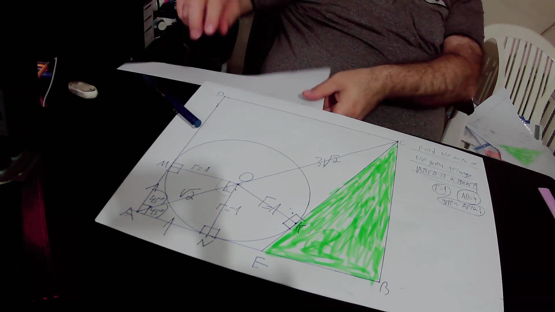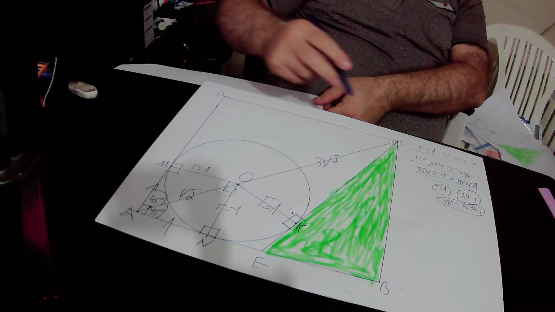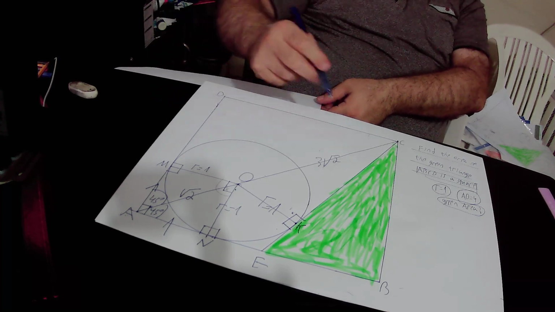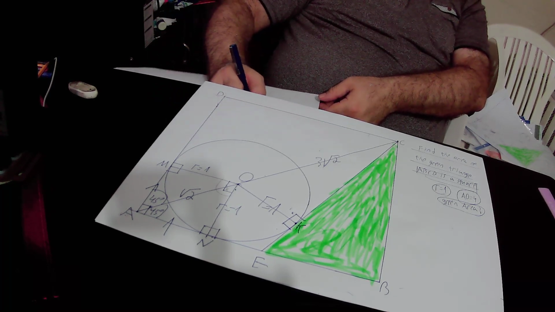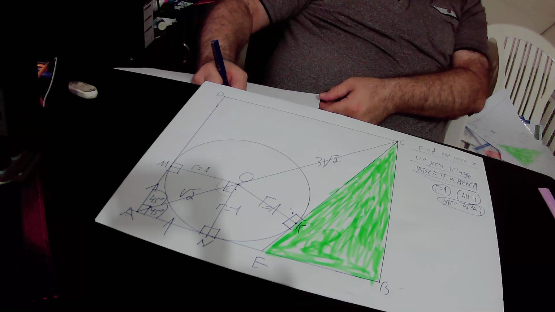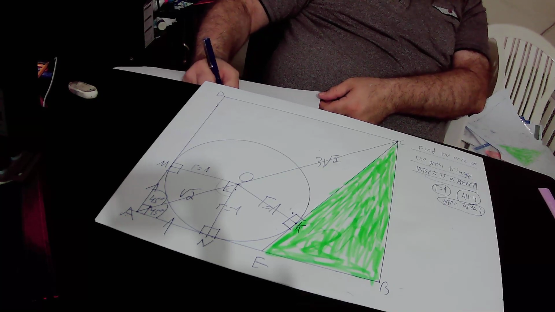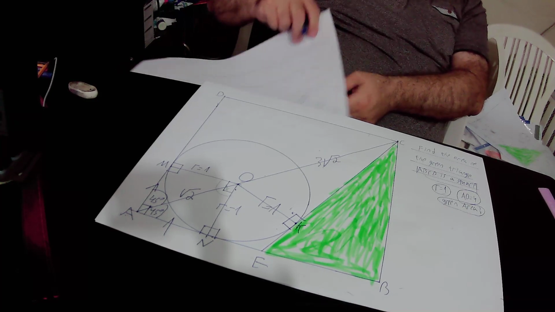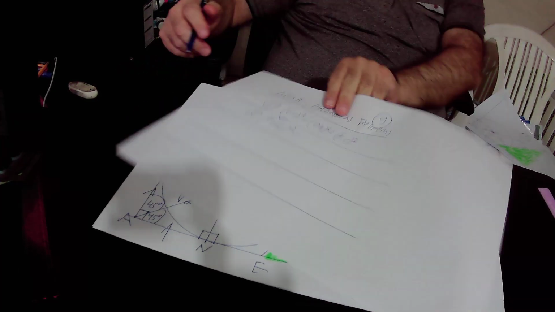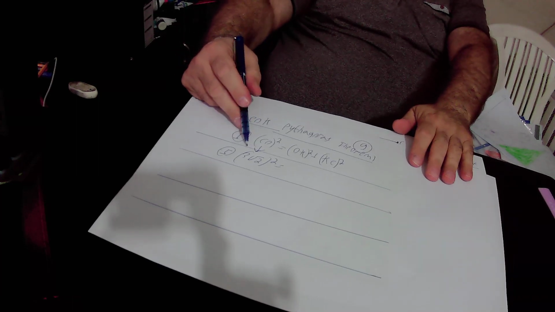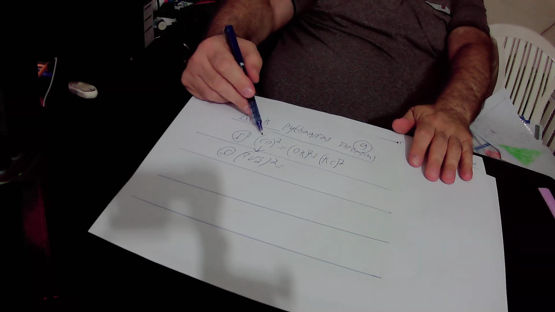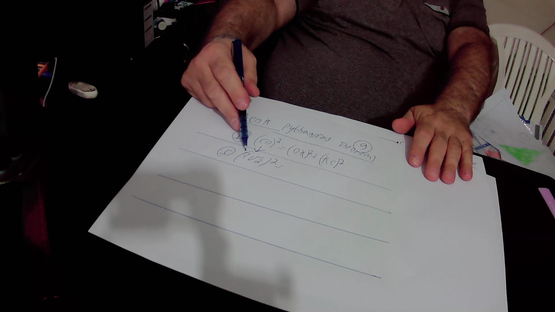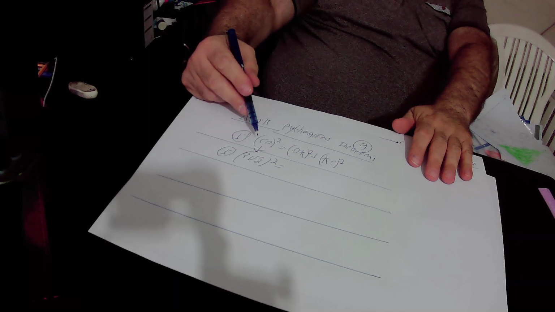But we have already found out that CO equals 3 times square root of 2 units, so CO square will be equal to 3 times square root of 2 square.